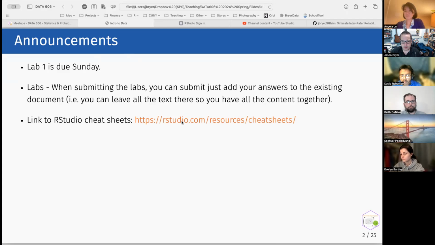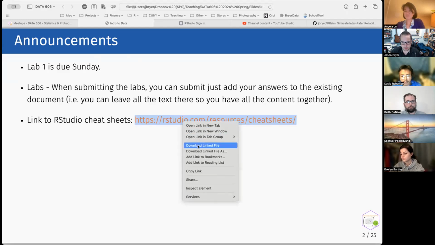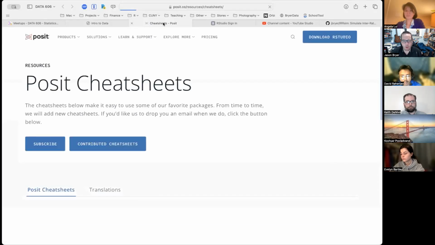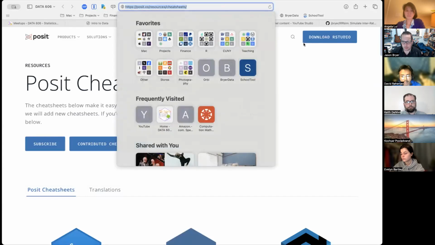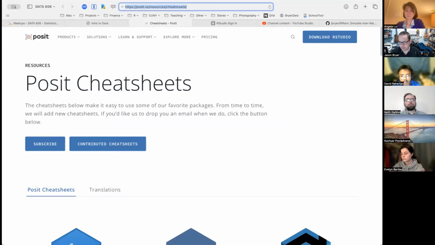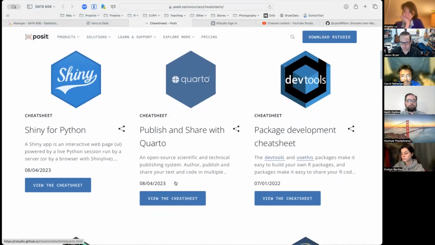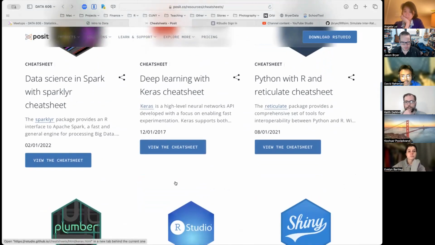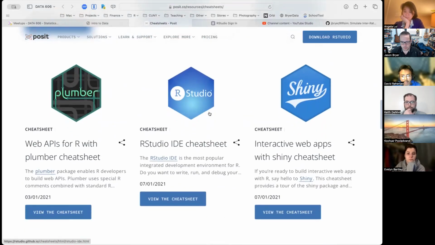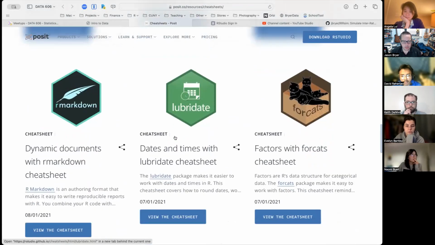The other thing I want to point out is, I hope this link still works. As you're learning R, RStudio, or I guess it's Posit now, has a whole lot of cheat sheets. So let me see here. If you're getting familiar with the IDE, there's an IDE cheat sheet.